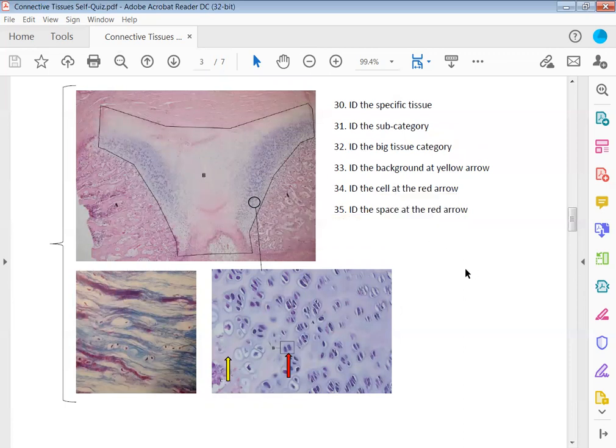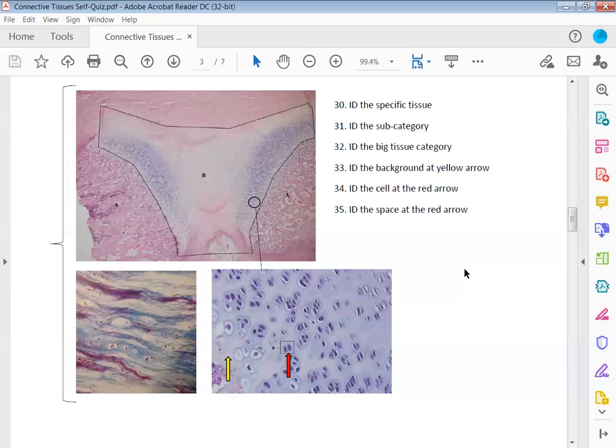Number 31, identify the subcategory. This subcategory, if it's fibrocartilage, cartilages and bone belong in the subcategory supporting connective tissue. Number 32, identify the big tissue category. This will be connective tissue.